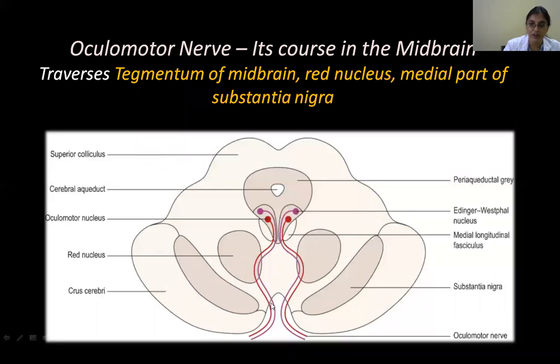So up to this point is your intracerebral, or intra-CNS, course. This you should explain: from the periaqueductal gray matter, coming out of it, traversing the tegmentum and red nucleus. As it's going, it shows a lateral convexity, and then along the medial aspect of the substantia nigra it has to come this way, and then this part, up to this point.